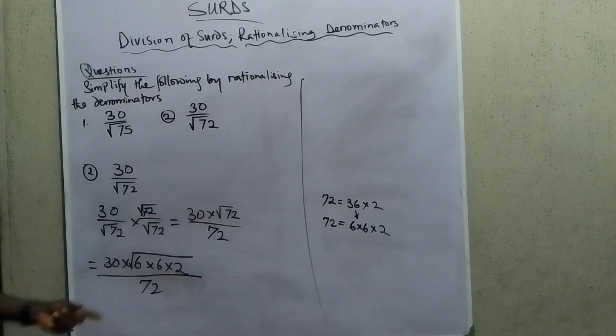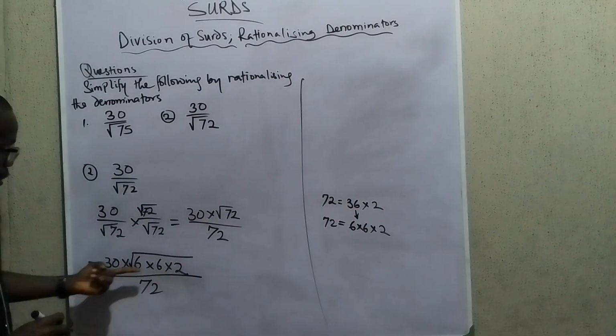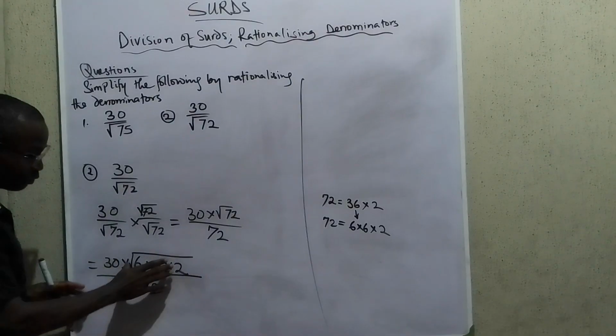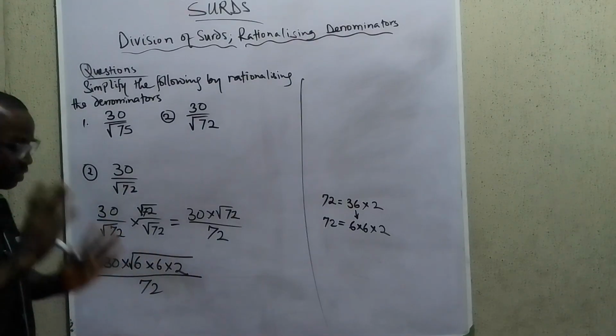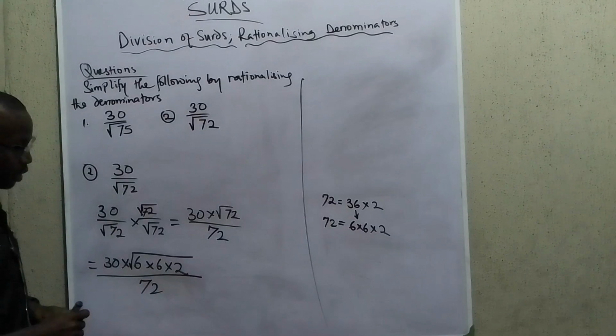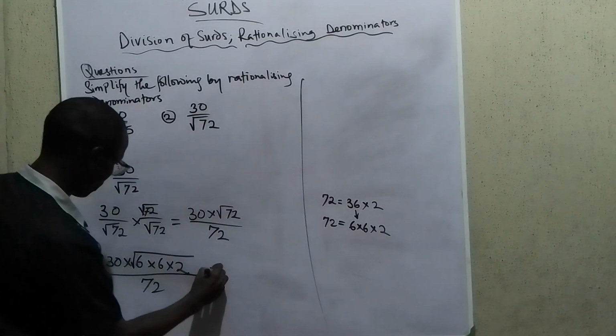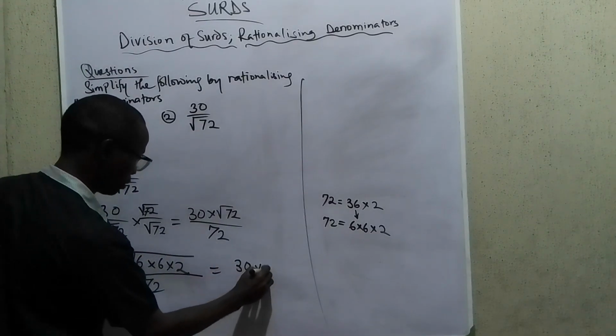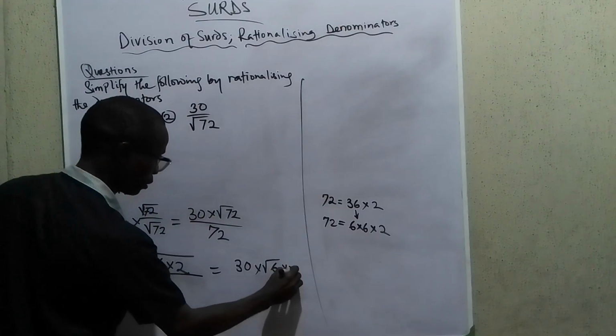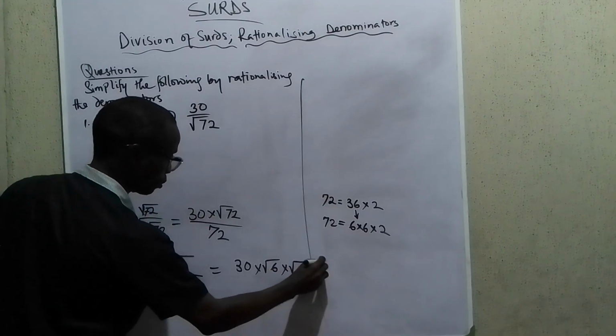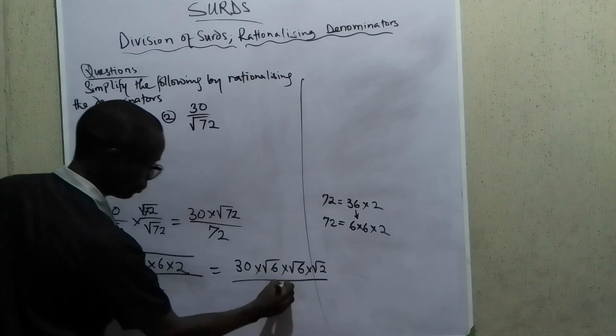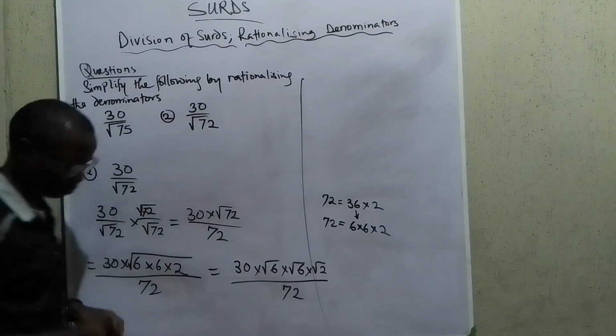So with this now we'll have to separate them, giving each its separate square root sign. And that will bring us to 30 times the square root of 6 times the square root of 6 times the square root of 2, all over 72.